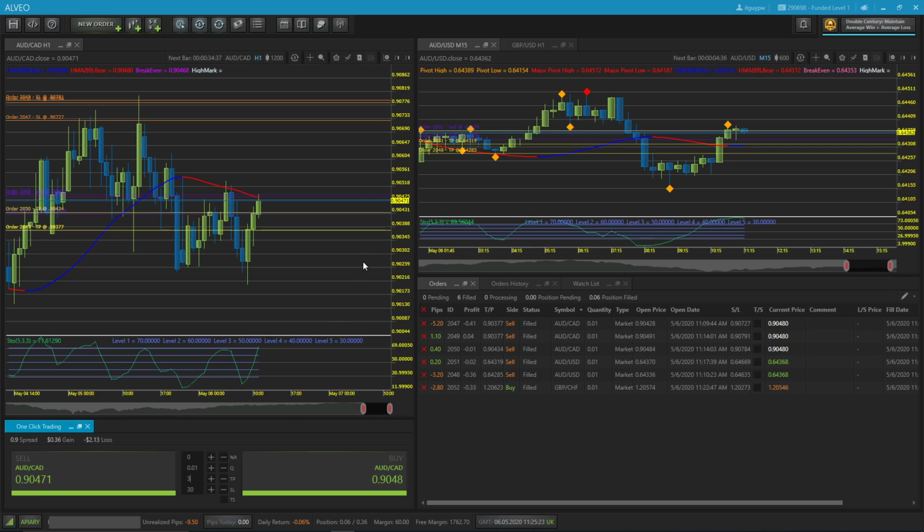Market's not moving a lot today, so I'm going to switch my take profit to 3 pips and just see if we can get in and out of some more trades.